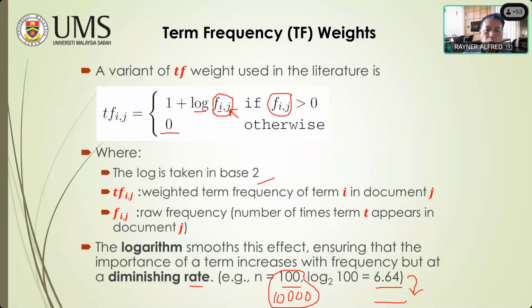So we use log base 2 in order to reduce the value to a small number, still able for us to differentiate the weight of different terms in different documents. Okay, so that's the reason why we use log. So you need to remember this formula: 1 plus log base 2, of the term frequency for keyword I in document J. So that is the term frequency.